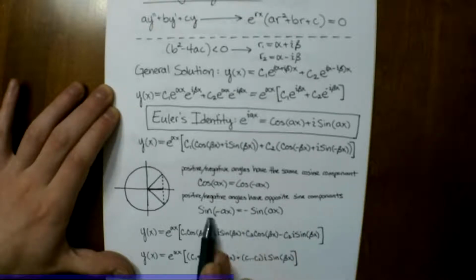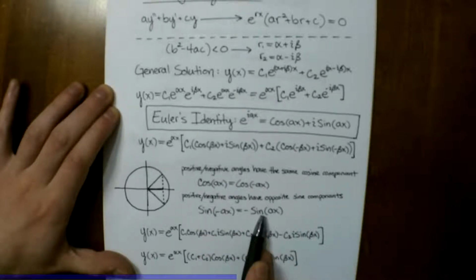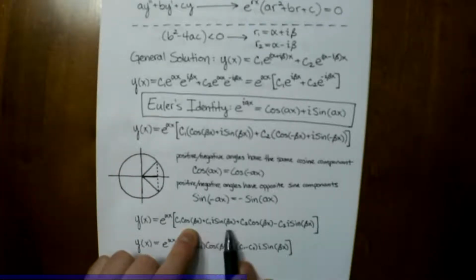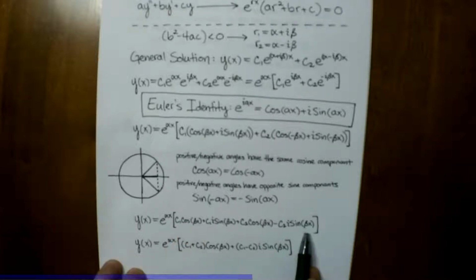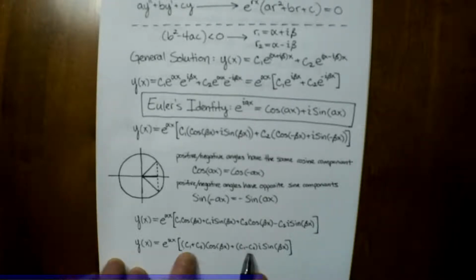If we make substitutions by these trig identities that we know to be true, we can re-express this function right here in terms of trig functions that share terms on the inside of the trig function, which allows grouping. So if we do that, we can then group our trig functions such that the coefficients can be grouped.